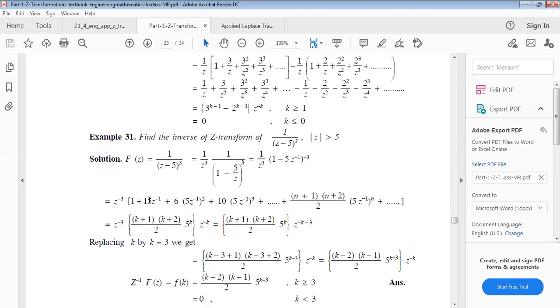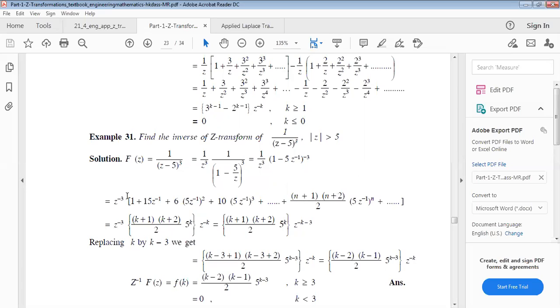That means 1 plus 3c1 x means what? 5z to the power minus 1, 3c2, 3c3, this one cubed, this will be 1, it is squared, this will be cubed. In this way we get the nth term, which is (n plus 1)(n plus 2) divided by 2, 5 something x to the power n, plus dot dot infinity.